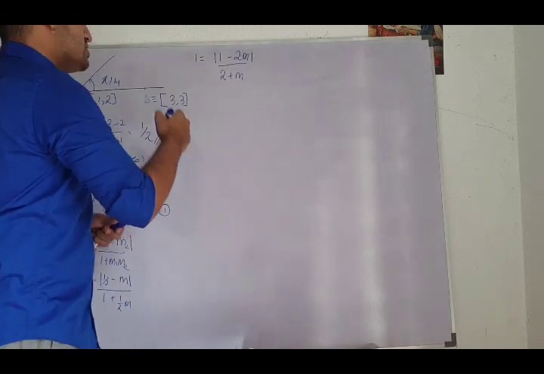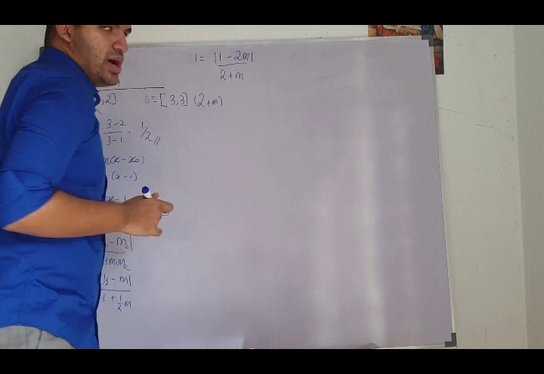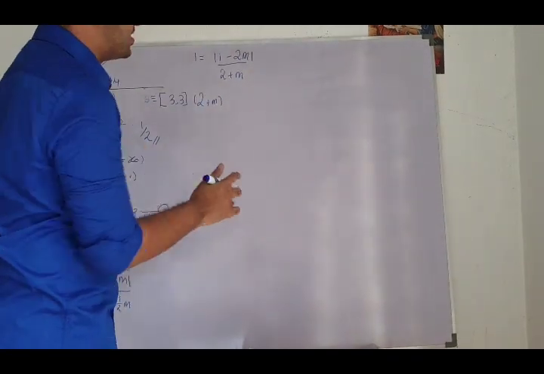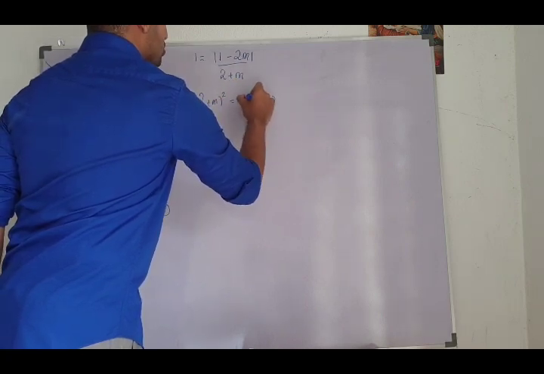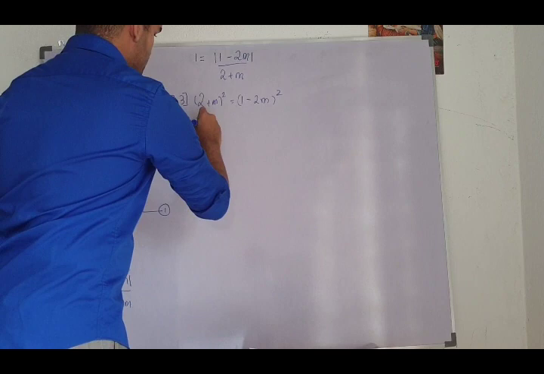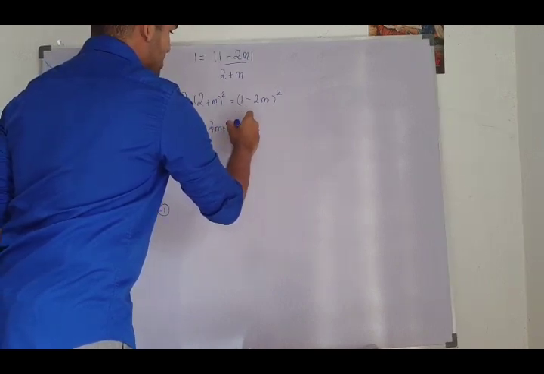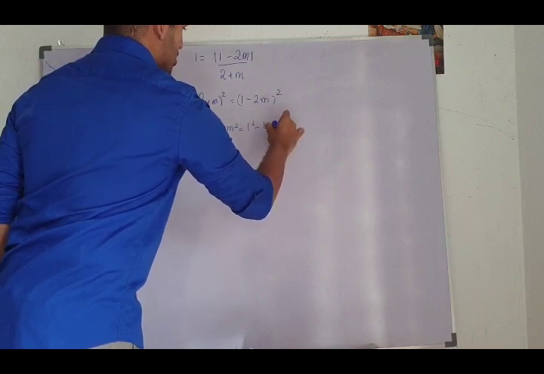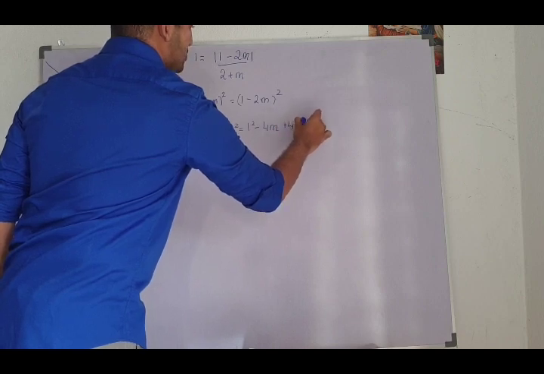When we square both sides, we get 2 plus m squared, because 1 squared is obviously 1, so we do not have to mention that, equals 1 minus 2m squared. This is going to be 4 plus 4m plus m squared equals 1 minus 4m plus 4m squared.